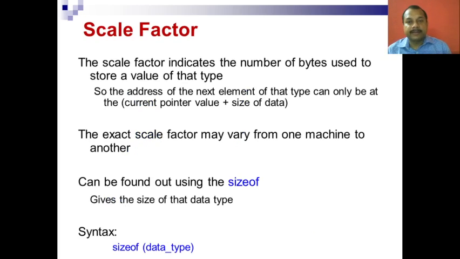The scale factor indicates the number of bytes used to store a value of that type. So the address of the next element of that type can only be at the current pointer value plus the size of the data. The exact scale factor may vary from one machine to another, because in some systems an integer may be represented by 2 bytes, in some by 4 bytes. If you are interested in knowing the difference, pointer operations will not give you that.